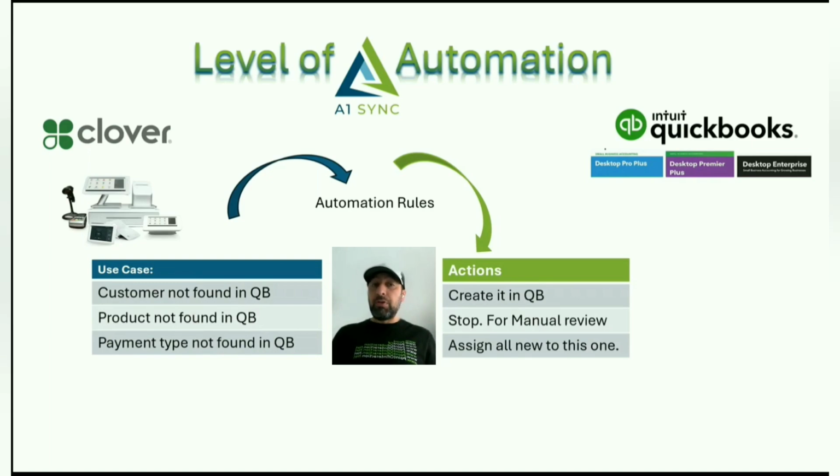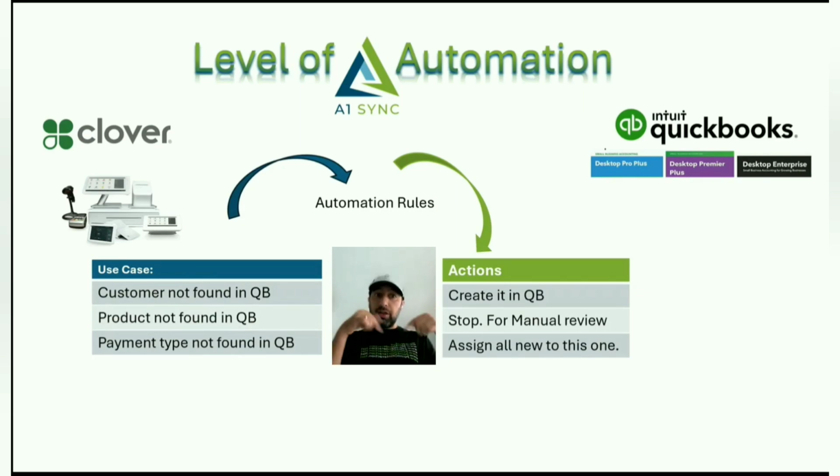You can also stop and get the report that says, here are all the errors. This customer was not found, and then you can cross-reference it, create it, do whatever you need to do as a customer. Or you can assign all new customers to one, right? That's another nifty feature where you can say everything that comes new, let's just assign it to something called uncategorized customer.